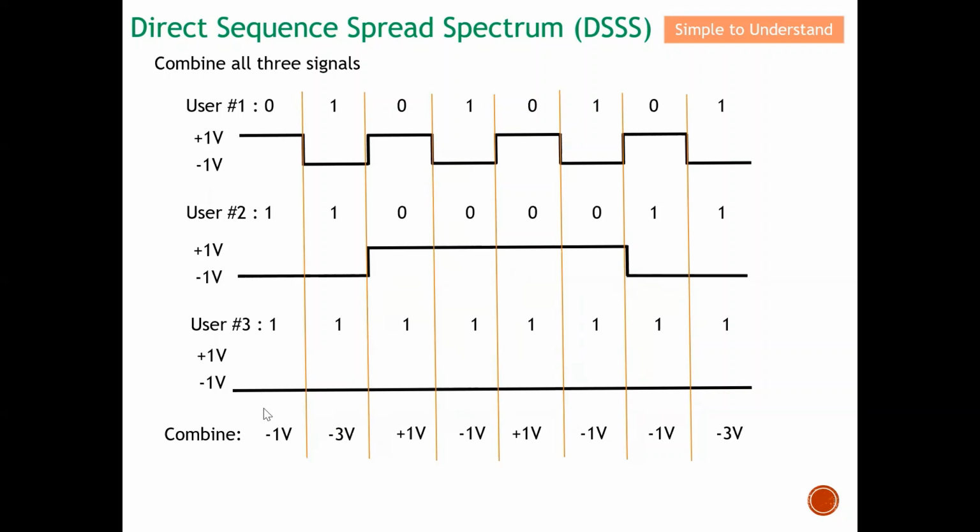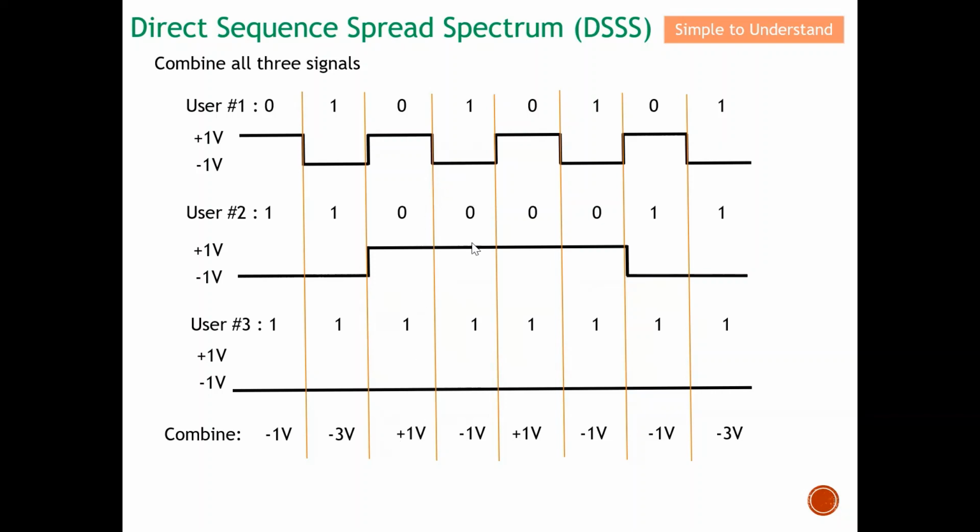So what I need to do is combine all the 3 signals. For example, this is +1, -1 becomes nothing, becomes -1. So therefore my outcome is -1 here. -1, -2, -3. So the outcome is -3 volt. Plus, -1, therefore my outcome is +1 volt.